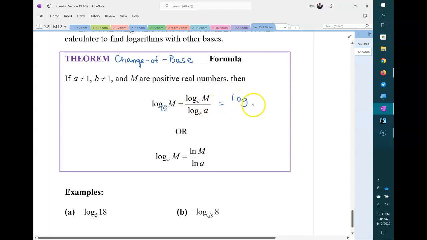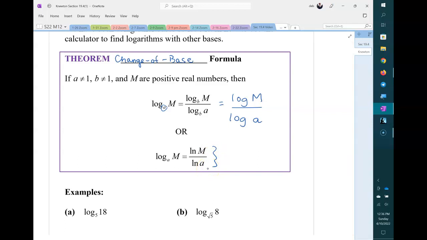So it can be any base. So you would use your calculator for base 10, and it's the log of the argument over the log of the base. Or you can use natural log, since that's another base, and b is any base except 1.